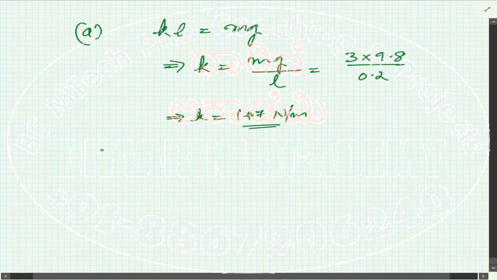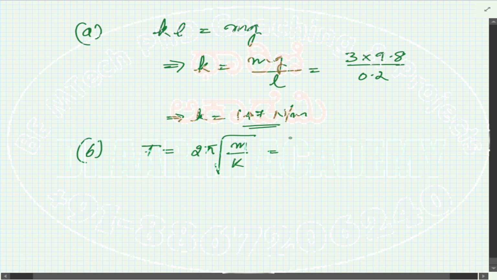Okay, now part B. We can calculate the T by using T is equal to 2 pi into root of m by k. Actually, from the equation we know that m by k will be equal to L by g.